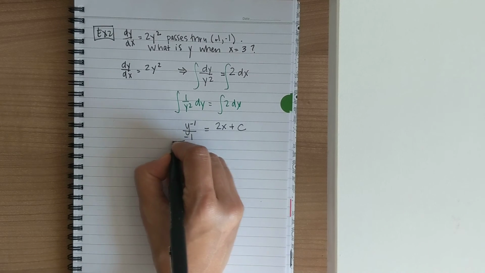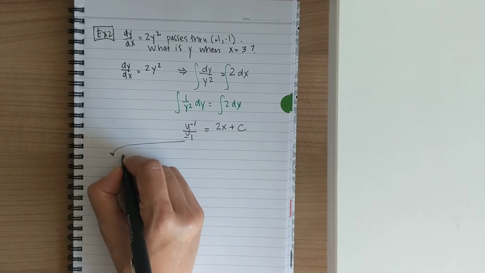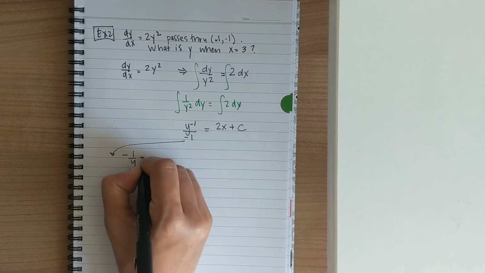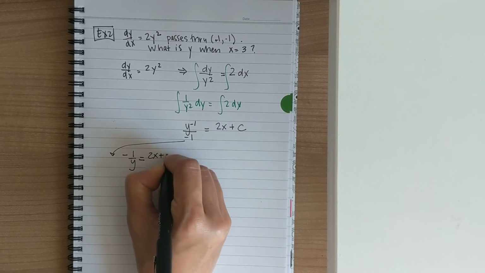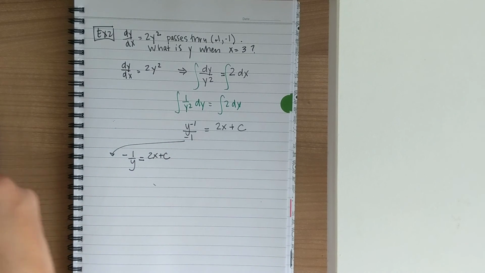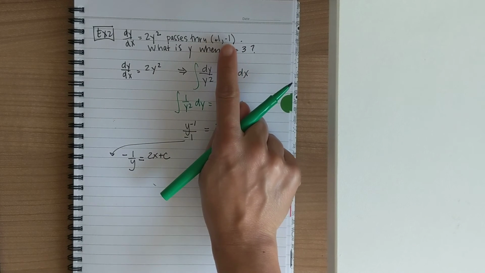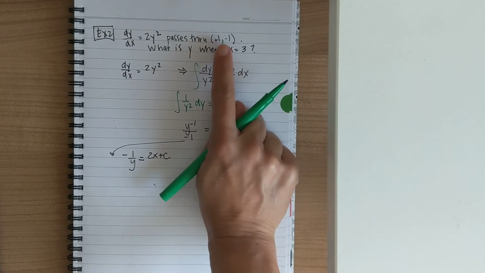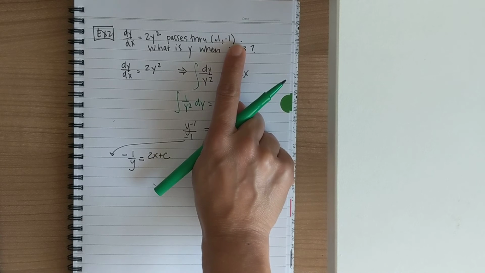So if I simplify, this ends up being negative 1 over y equals 2x plus c. But they've told us that this thing passes through positive 1, negative 1.